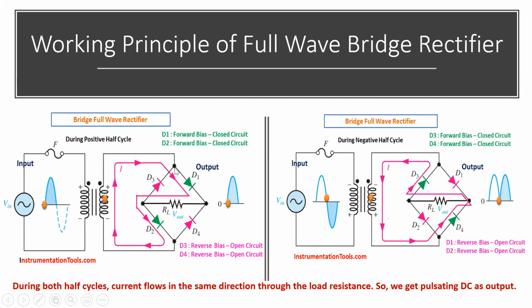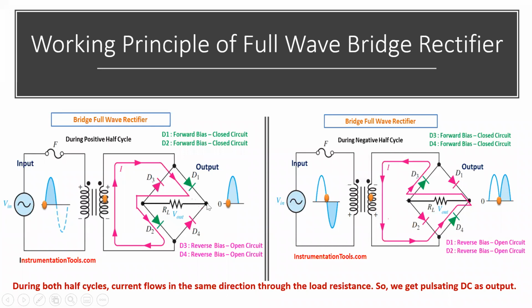Will it go through D1 or D3? D1, because the current wants to go like this, and D1 is in the direction of the arrow mark and D3 is not. So it cannot go through D3. It will go through D1.